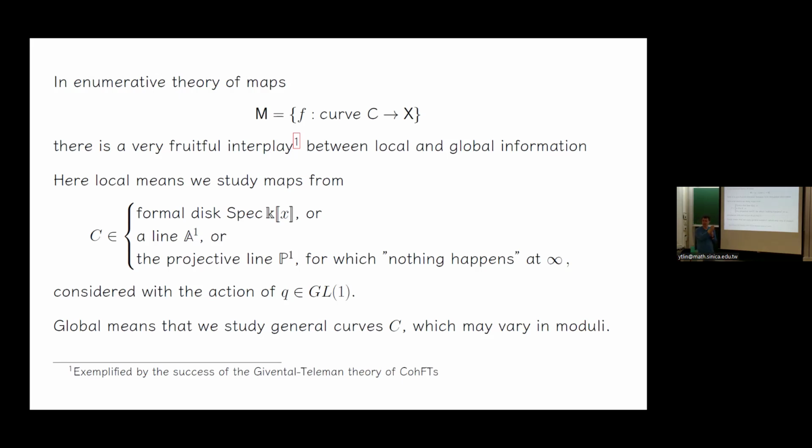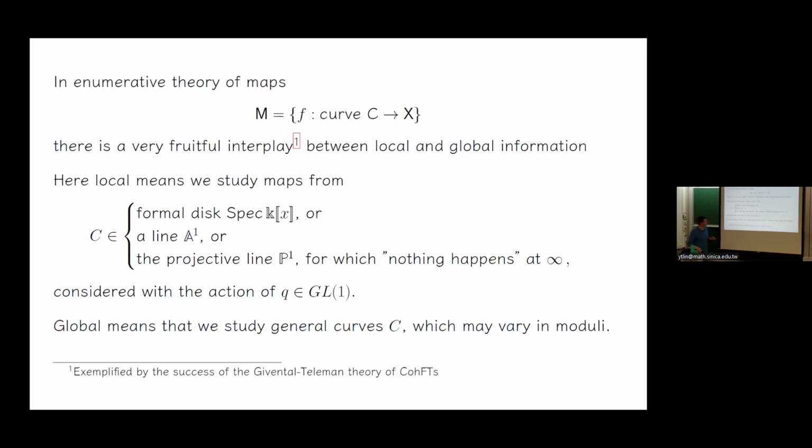Or you can be slightly more global. You can study maps from a line. And still, I would consider it a local thing if you study maps from the projective line, but you impose the condition that things are constant at infinity. Like for those of you in mathematical physics, we very often study things in a space, but you can imagine that what happens in the space really happens on some compactification of it, with the condition that nothing is going on at infinity.